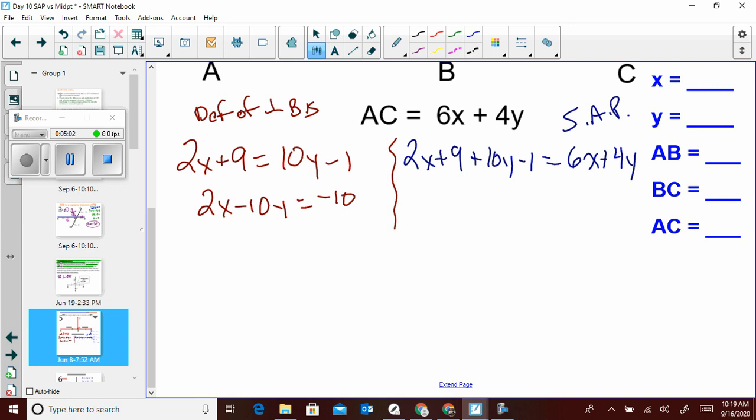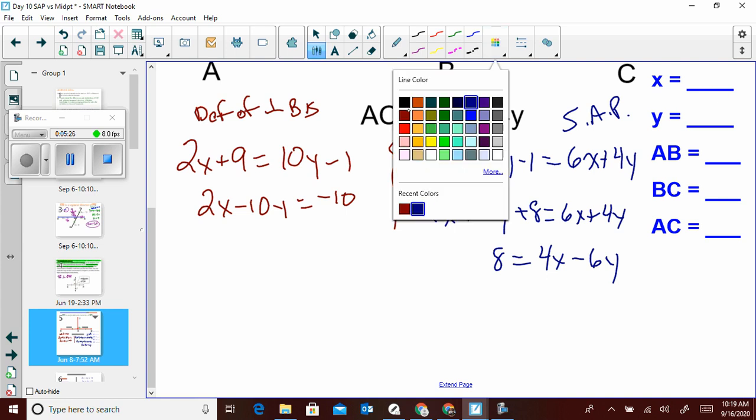Let's bring all of our x's together. All right, so we got 2x plus 10y, and our y's plus 8 is 6x plus 4y. We're going to bring these two over here. 8 equals 4x minus 6y. So I have my two equations.